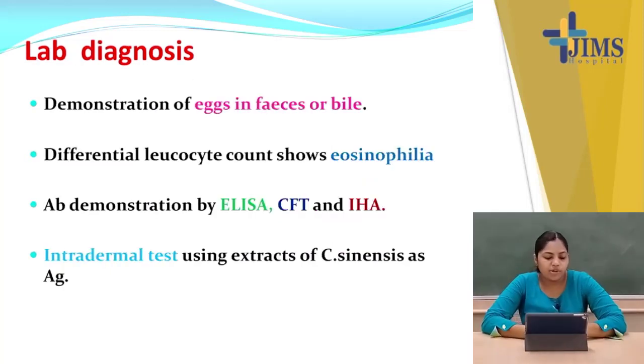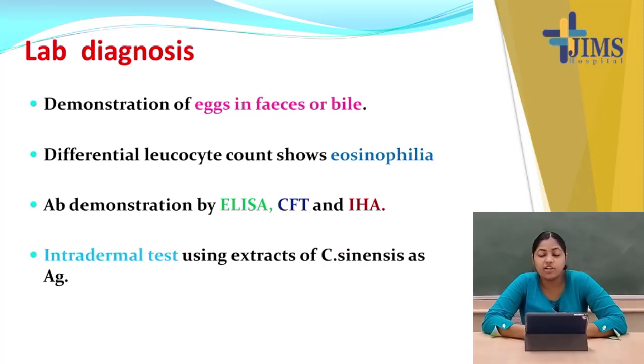So coming to the laboratory diagnosis, demonstration of eggs is mainly done in the stool or even in aspirated bile, because here the liver and biliary tract are infected. Again eosinophilia, in the differential count we can see a rise of eosinophils.